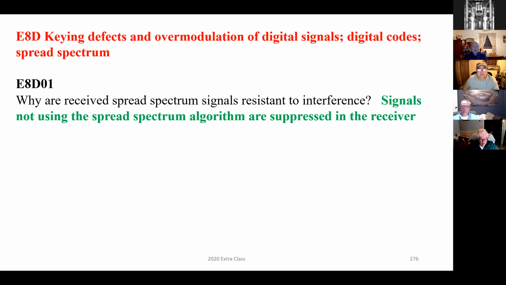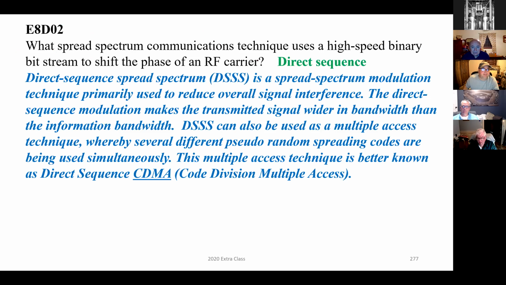Why are received spread spectrum signals resistant to interference? Signals not using the spread spectrum code are suppressed in the receiver. What spread spectrum communications technique uses a high-speed binary bit stream to shift the phase of an RF carrier?